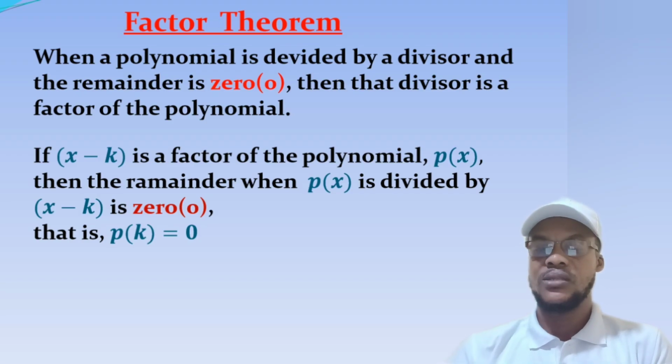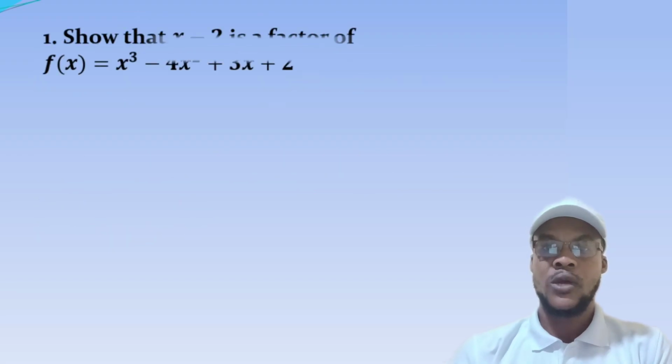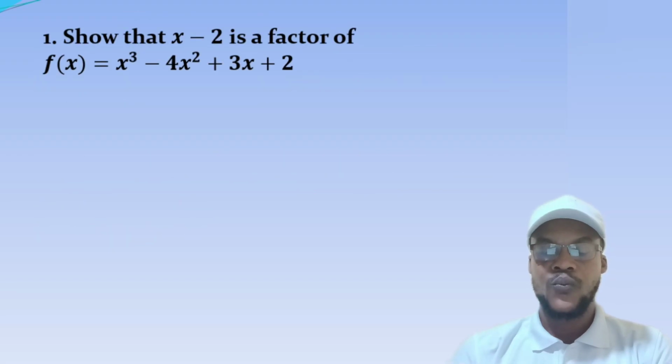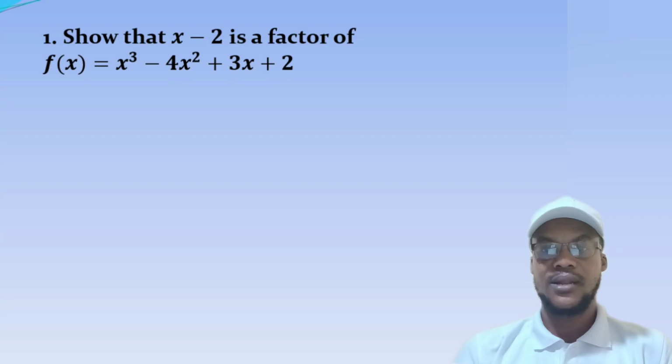So we don't waste much time, let's look at some examples and see how it goes. In this example, we are asked to show that x minus 2 is a factor of the polynomial function f of x given as x cubed minus 4x squared plus 3x plus 2.